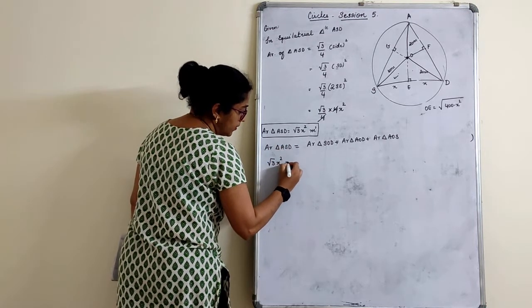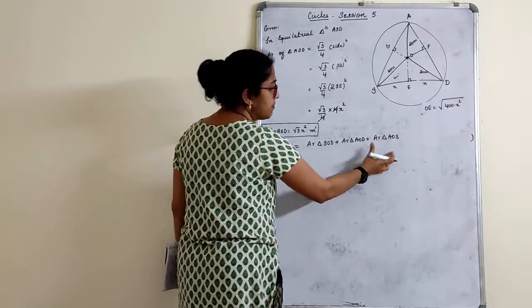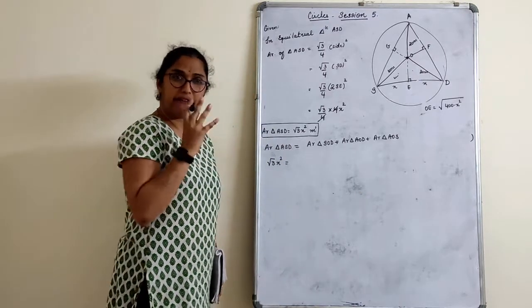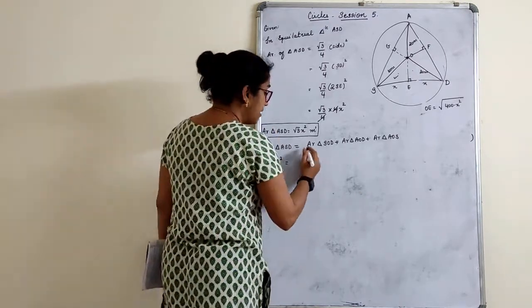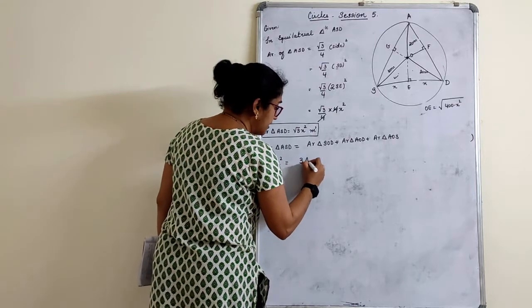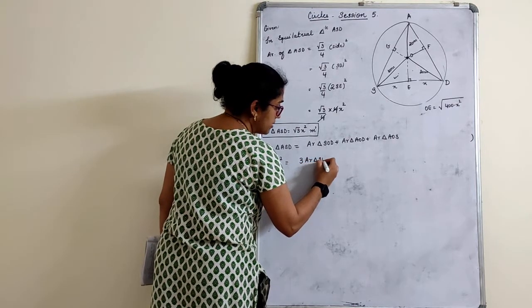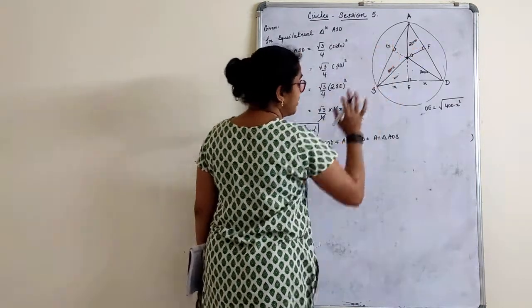Root 3x square is equal to this area plus this area plus this area. It's an equilateral triangle, equally divided because the radii are same there. So can I say that 3 times area of triangle SOD here? Any one triangle we can choose.